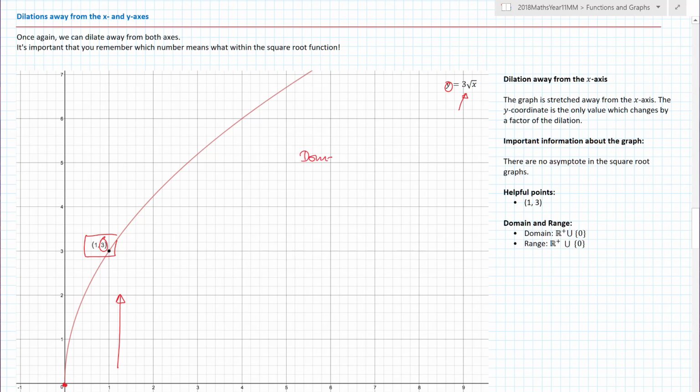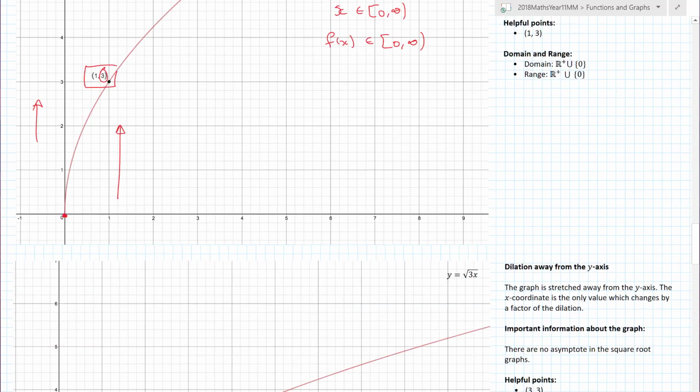Domain, as we can see, is 0 to infinity. All right, so that would be x is in 0 to infinity, and my range, which would be function of x, is in what? Well, again, it's positive, and so once again, 0 to infinity. We would expect that because actually it's dilating away from the x-axis, so it's just stretching further up.